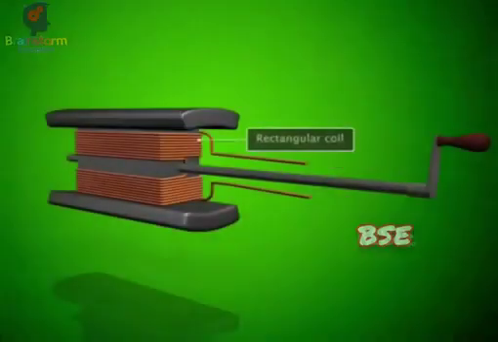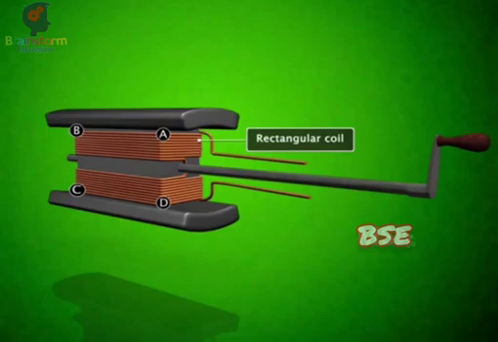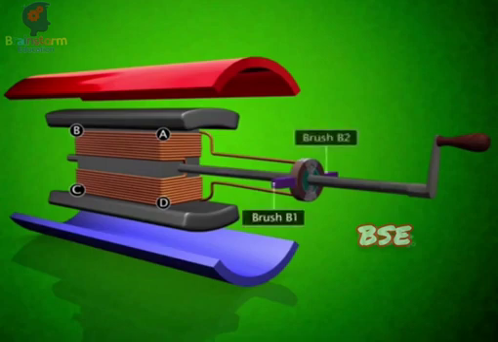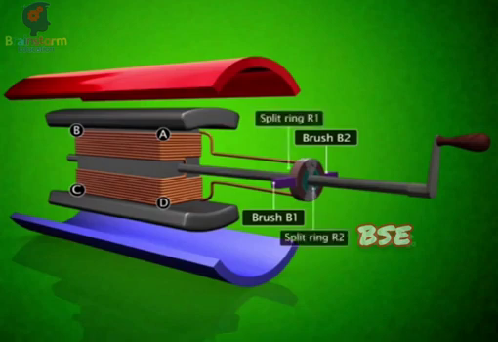This rectangular coil, ABCD, is made of many turns of wire wound over a soft iron core called the armature. The armature is placed between the poles of a strong magnet. The brushes B1 and B2 are in contact with the split rings R1 and R2 of the commutator.